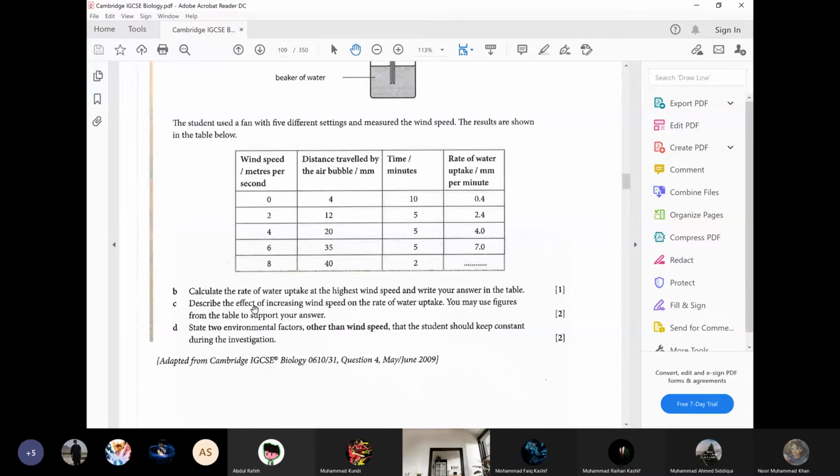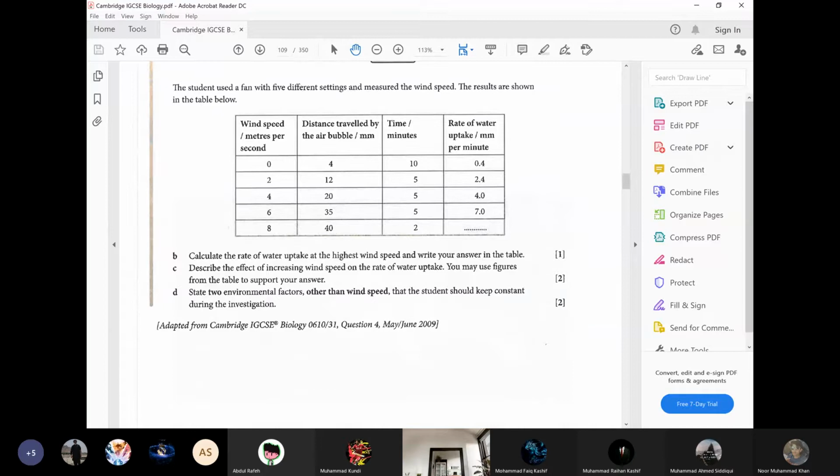The question is: calculate the rate of water uptake at the highest wind speed and write your answer in the table. It is very easy. 4 divided by 10 is 0.4. 12 divided by 5 is 2.4. 20 divided by 5 is 4. 30 divided by 5 is 7. 40 divided by 2, what will be the answer here? 20. Right? So simple a question.